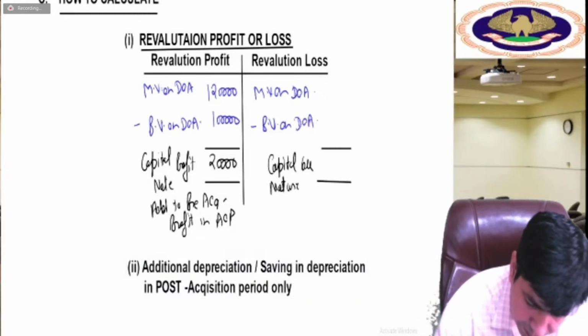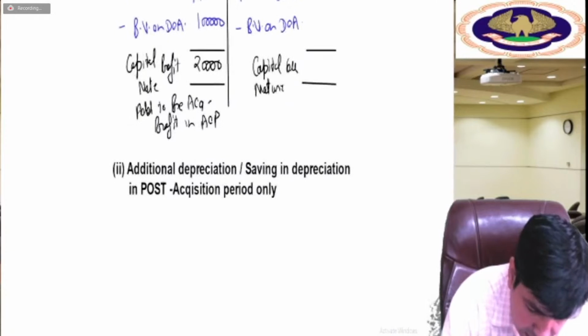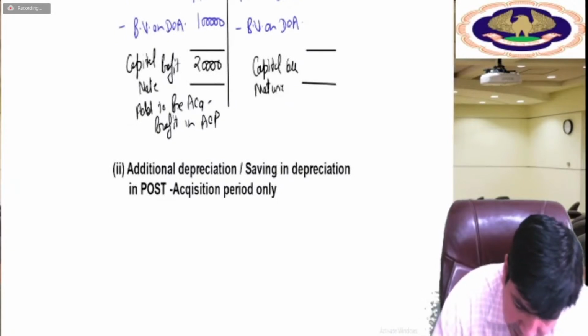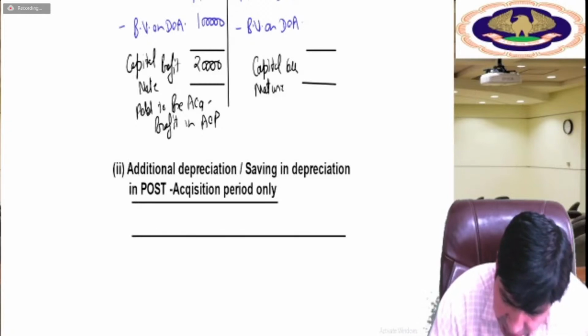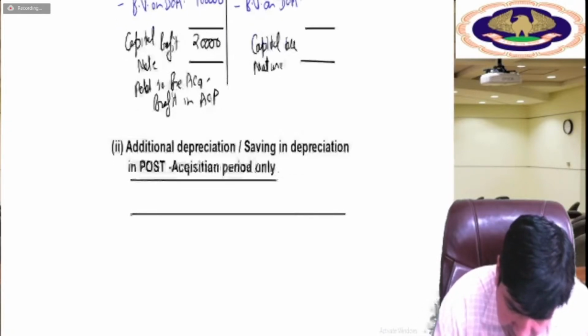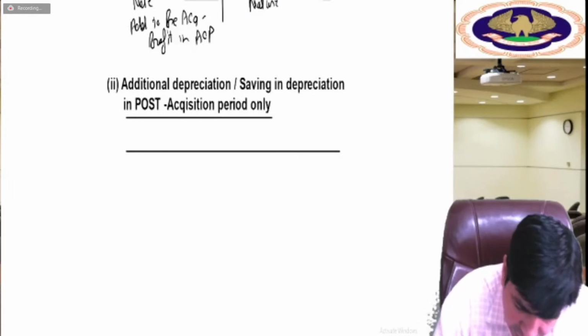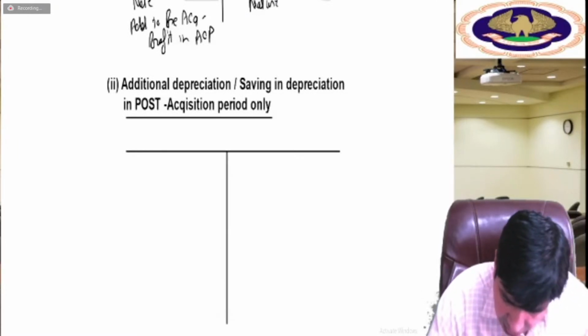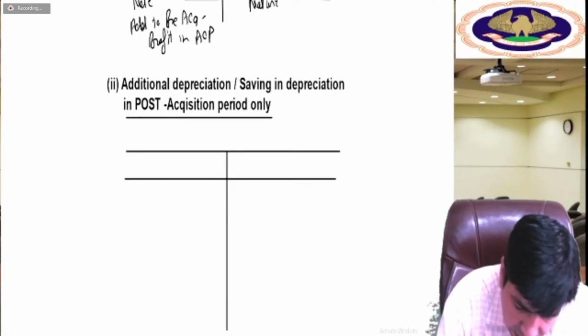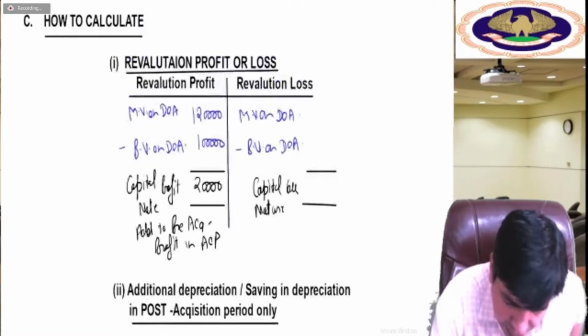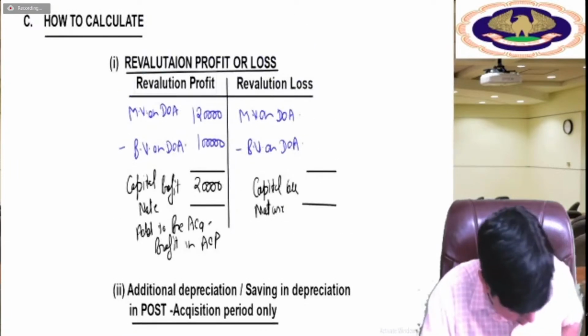Okay, same way as we did in the above chart, we are classifying here in case of profit, in case of loss, how those are to be classified. So I'm going to copy from here.